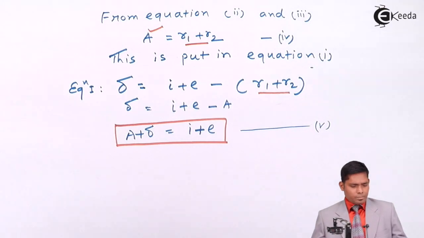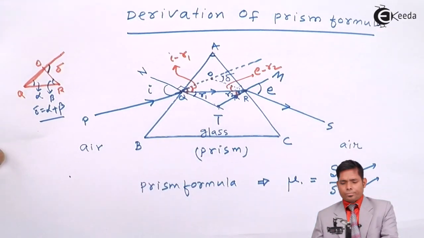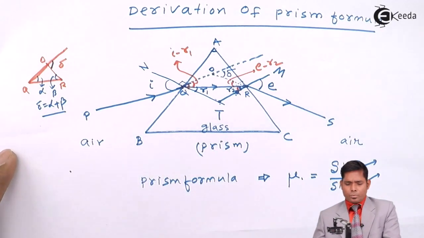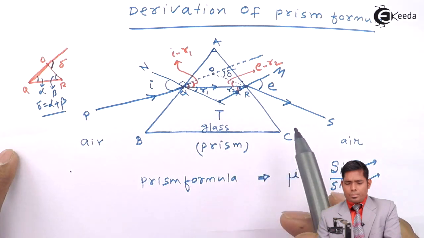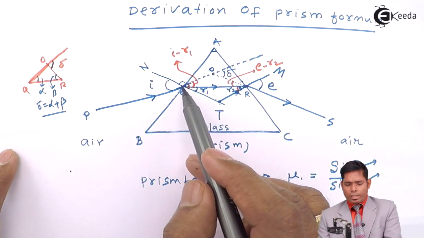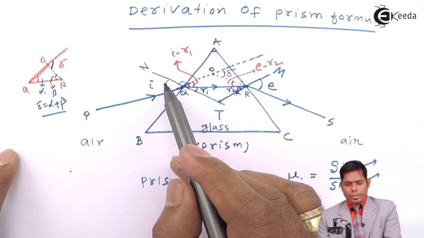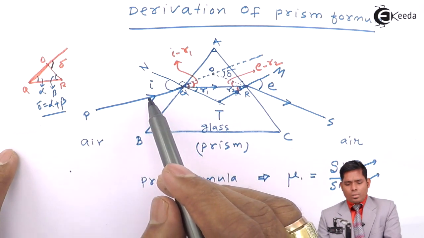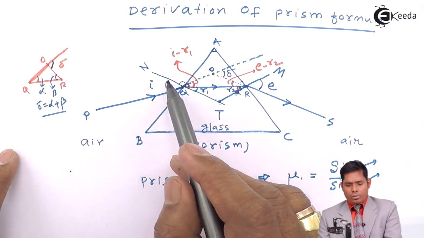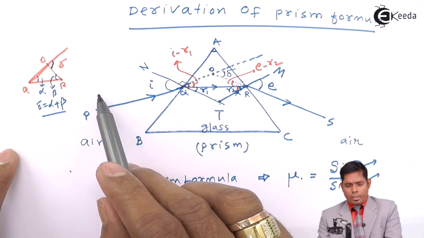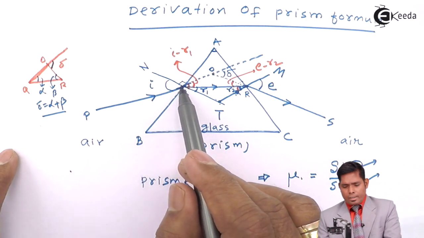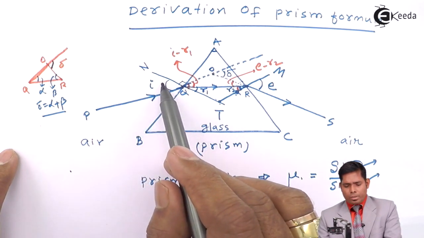What is the meaning of that? What I am saying is that when you see the picture, this is the prism, this is the incident ray, this is the normal, this is the angle of incidence. If the ray strikes at this line, the angle of incidence will be reduced.